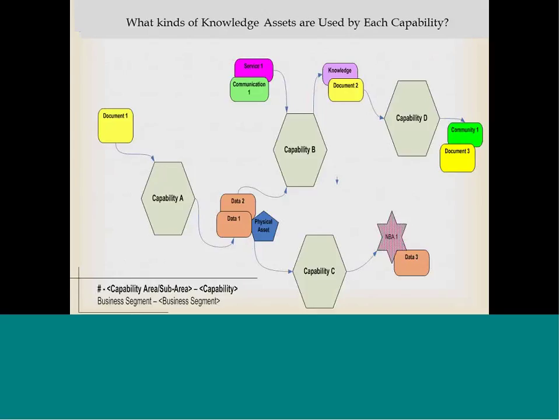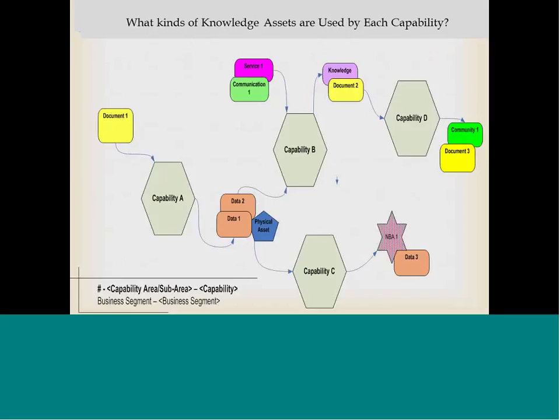Some organizations have defined these in terms of types of content, or you could identify the types of financial resources, technical resources, etc., that were used to support the capability. What we're interested in is identifying all the intellectual capital assets that support that capability.